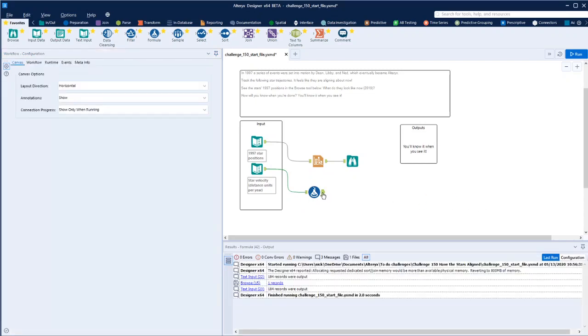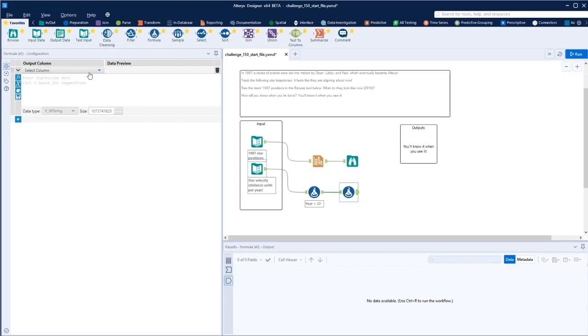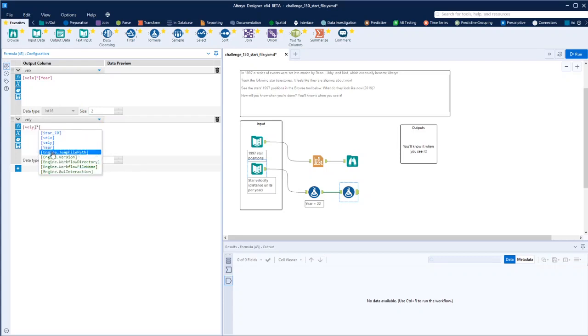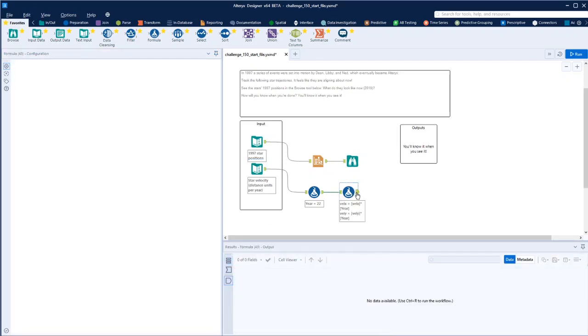That will give us a year, and then all we have to do is multiply the velocity per year by the number of years. So Vx we can just put as vel x times the year, and similarly for the y axis we can do the same, times year. Good, so that gives us the velocity over the years.